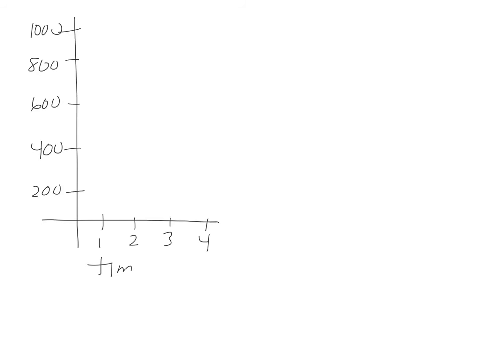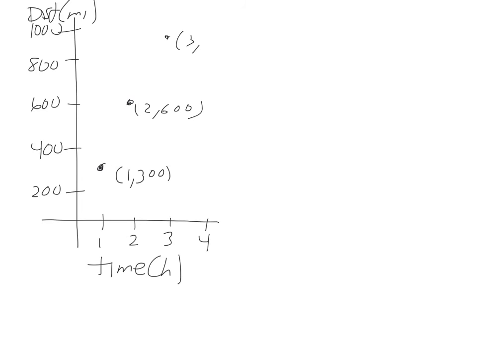And this is going to be the time in hours and my distance in miles. 1 hour will be 300 miles. 2 hours will be 600 miles. And 3 hours will be 900. So this was, again, 1, 300, 2, 600, and 3, 900. And by the way, this does make a straight line going through the origin.